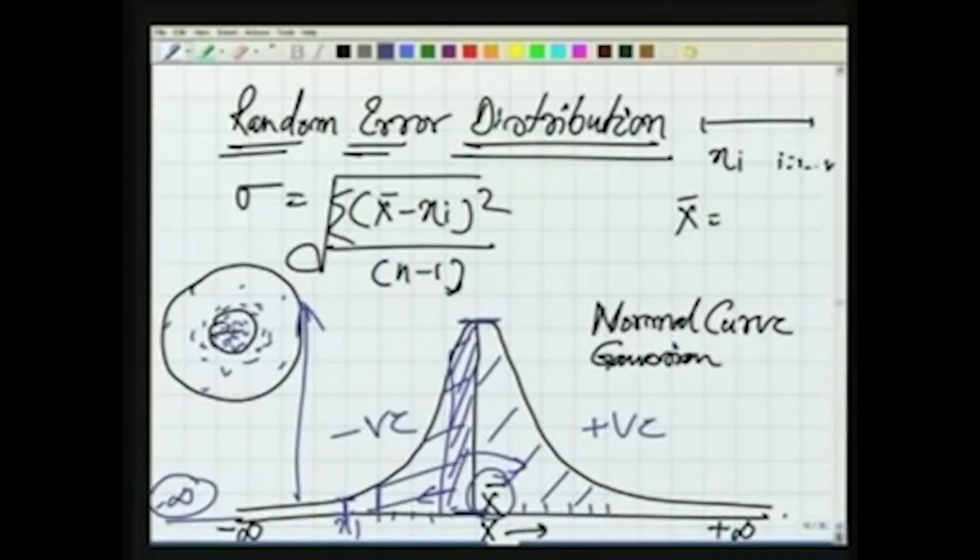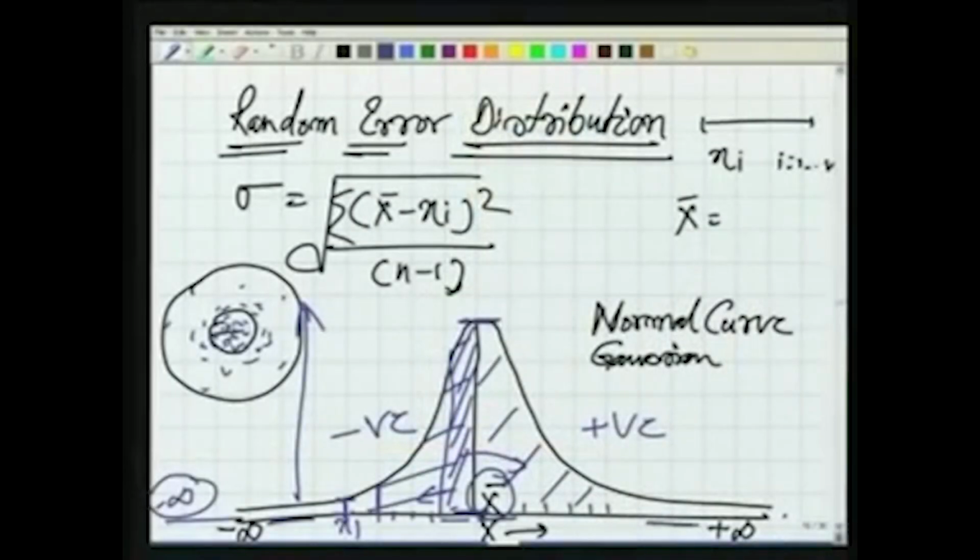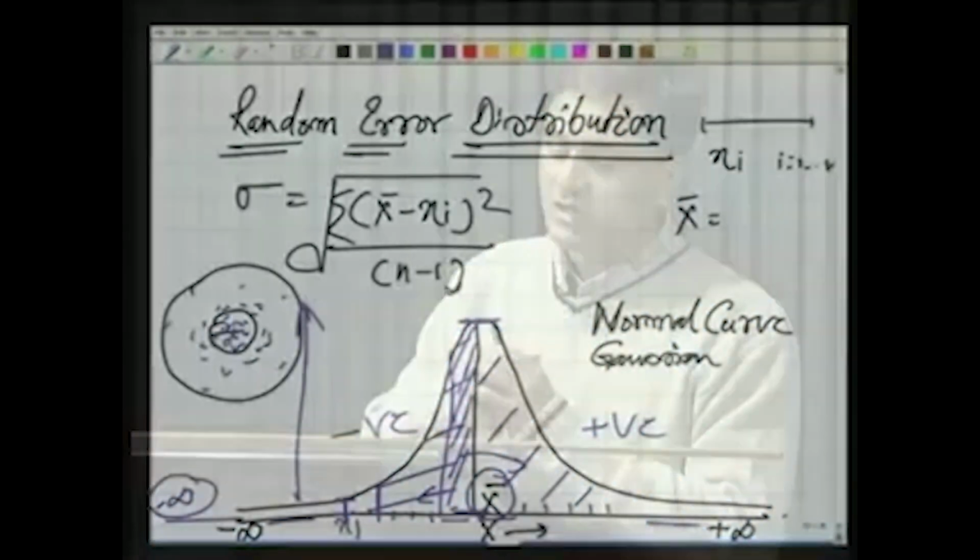Errors that are small in magnitude have a very high probability of occurrence, while errors which are large in magnitude, on this part, have a lower probability of occurrence. So, this is how the random error is distributed. We will look further at this distribution of the random error.